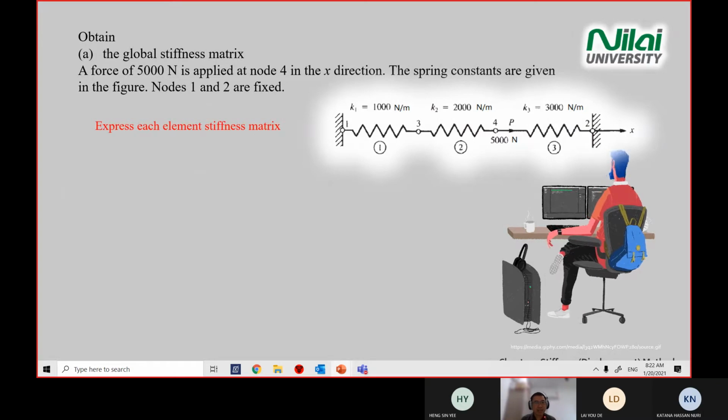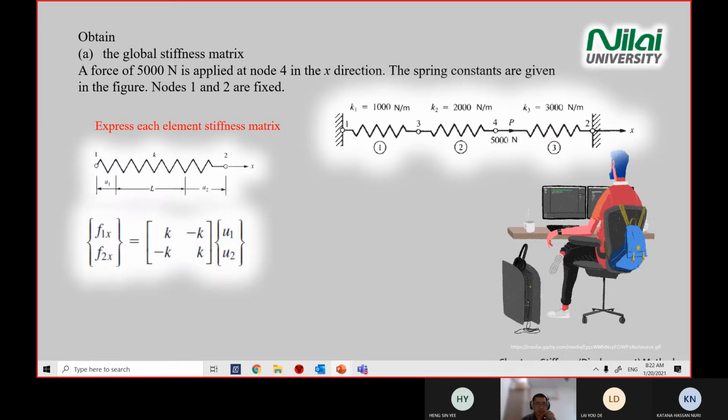Before you start anything, you express the stiffness matrix for each element. You recall the general equation for an element that we learned. You draw out a spring structure, and this spring is free to move around, where point 1 is free to move and point 2 is free to move in the x direction.